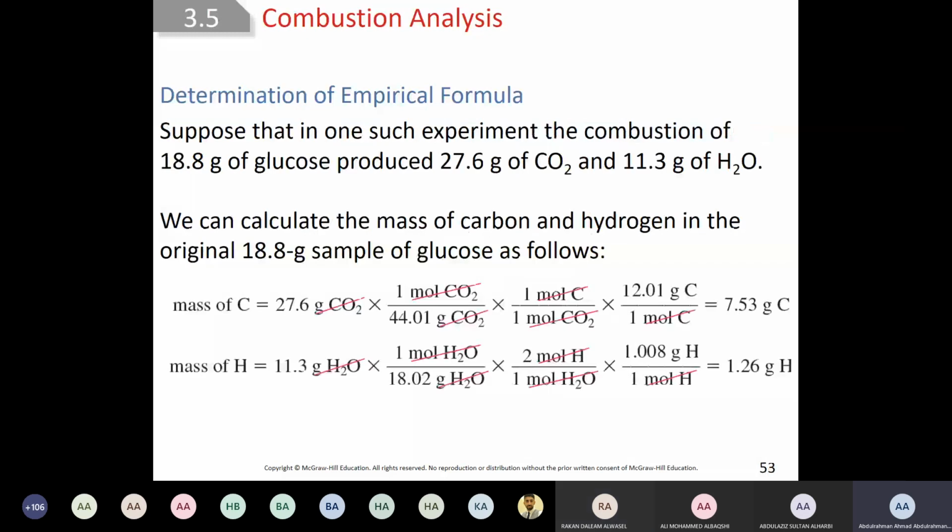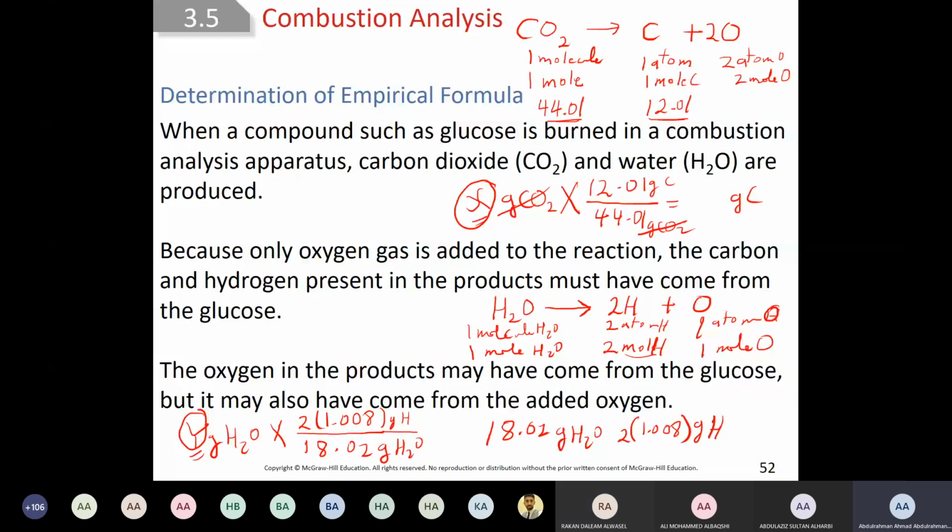I changed it to mole and then to gram. You remember? I changed this mole and then gram, and then I have this one. So that's what I'm going to do. I'll do this one. So what should I do? Change it to moles. Multiply by 12.01.